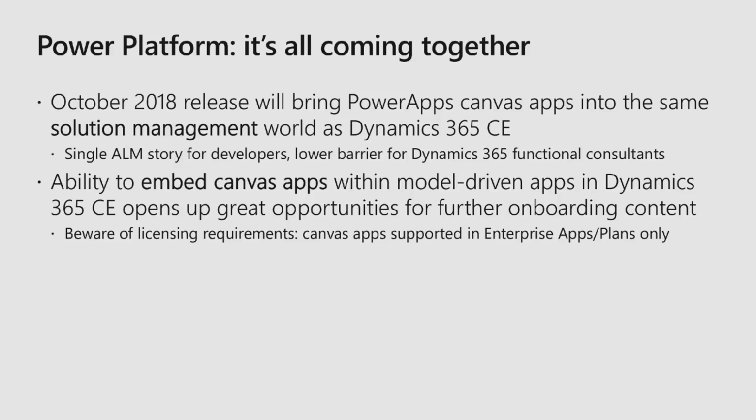Also, the ability to embed these Canvas apps within the Dynamics UI would take the whole onboarding to the next level. But we still need to see how this feature lands, especially the licensing requirements, because if you want to target the SMB, then the enterprise license requirement maybe doesn't provide a good fit.